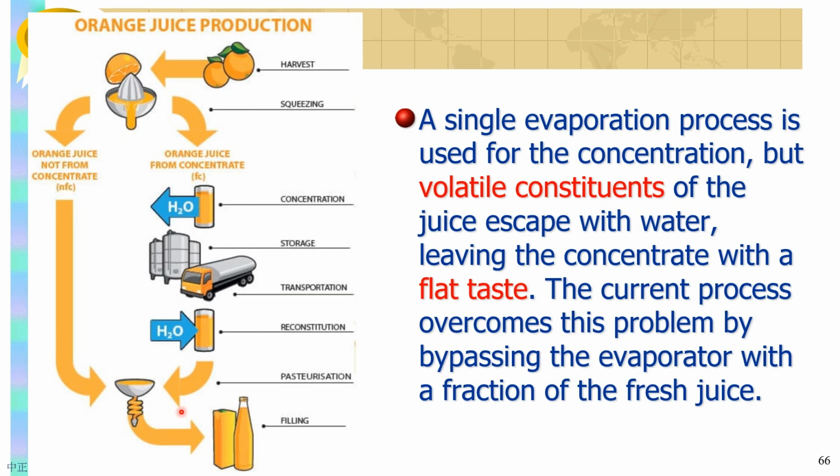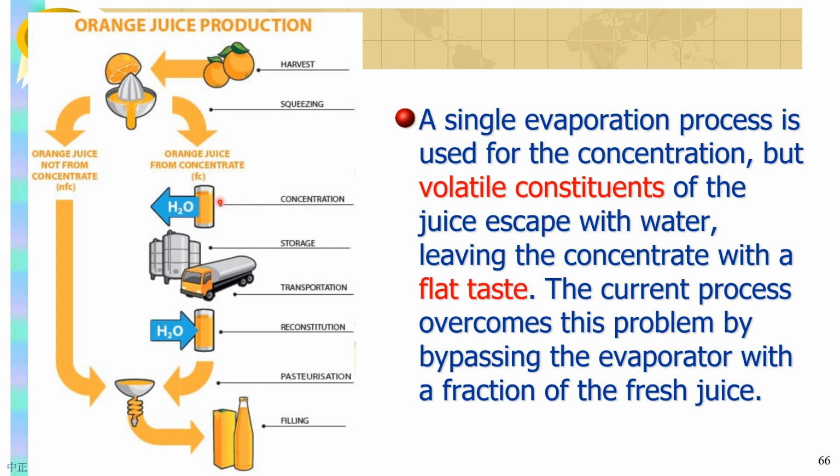Let me show you this. They have harvested the oranges, and they squeeze the oranges and the juice comes out. For example, this is the United States. They don't want to ship this heavy liquid, since it contains about 95% water.